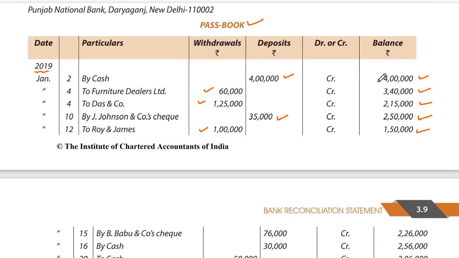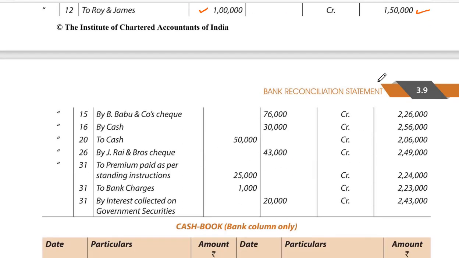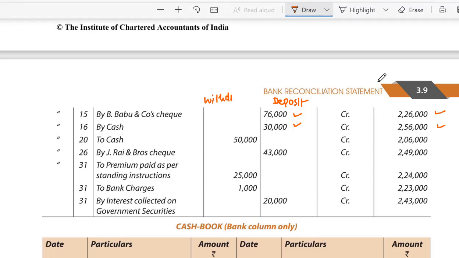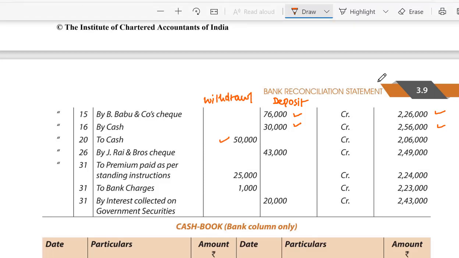On 15th of January, there is a deposit of 76,000 and the closing balance is 2,26,000. On 16th of January, cash deposit of 30,000 and the closing balance is 2,56,000. On 20th January, cash withdrawal of 50,000 is there and the closing balance is 2,06,000.